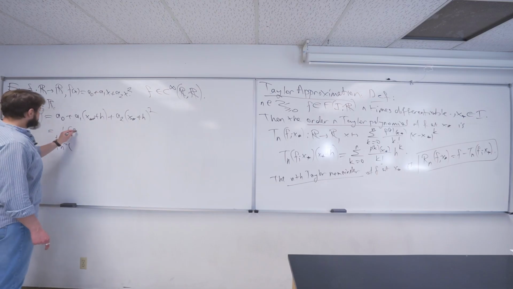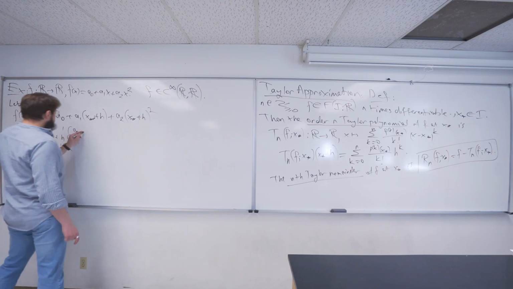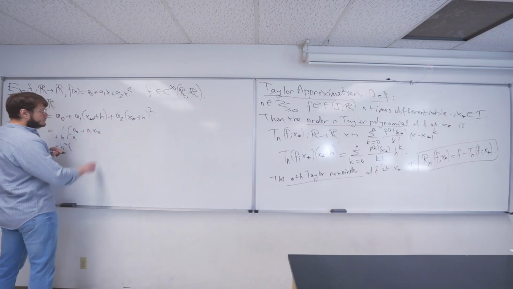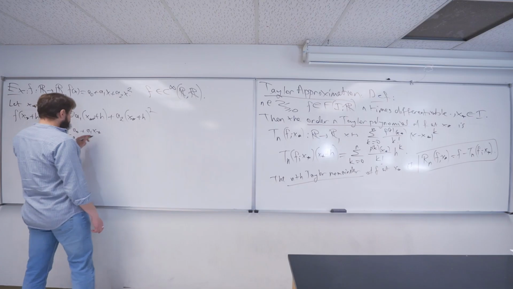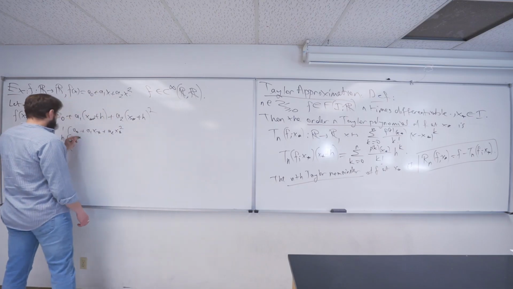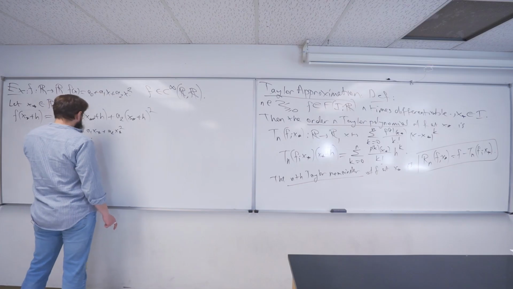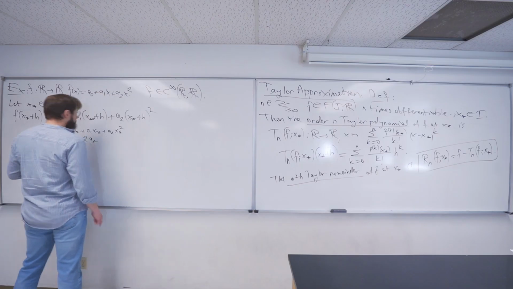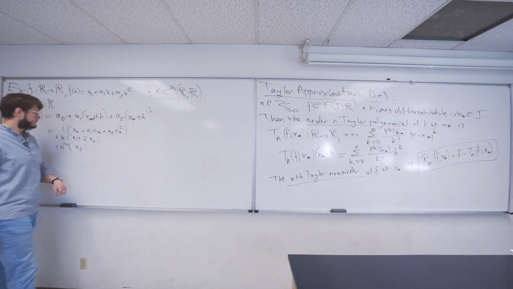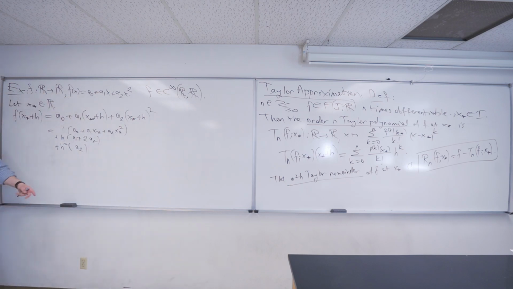That's a0. Here I have a1 x star, and then here I have a1. Here I have a2 x star squared. Here I have 2a2 x star, and here I have a2. I just algebraically expanded everything and collected according to the orders of h. No calculus involved.